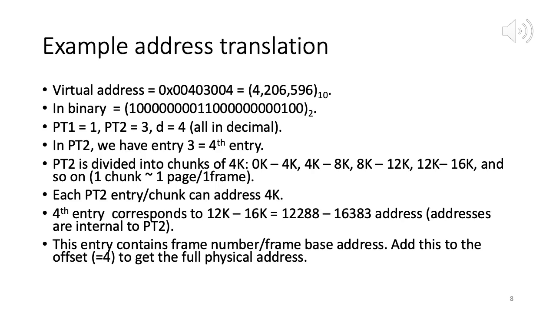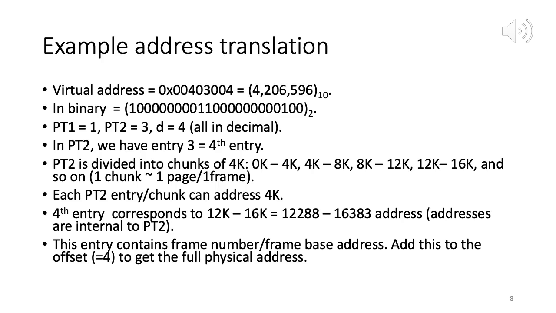Now from here we know the size of PT1, PT2 and D. PT1 is 10, PT2 is 10, and D is 4, all in number of bits. Once we extract those 3 components, their values in decimal are: for PT1 it's 1, PT2 is 3, and D is 4.